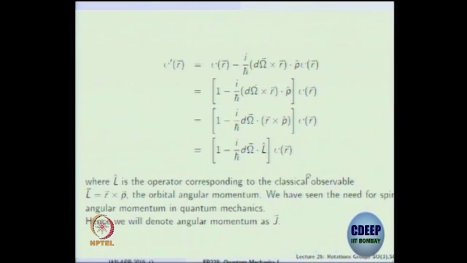Even though I did it for a physical rotation, we have seen from the Stern-Gerlach experiment and many of the experimental data that you need to put in another quantum number whose properties, or the angular momentum algebra, are similar to what you see for the orbital angular momentum, and we compactly call angular momentum as vector J or operator J in quantum mechanics.